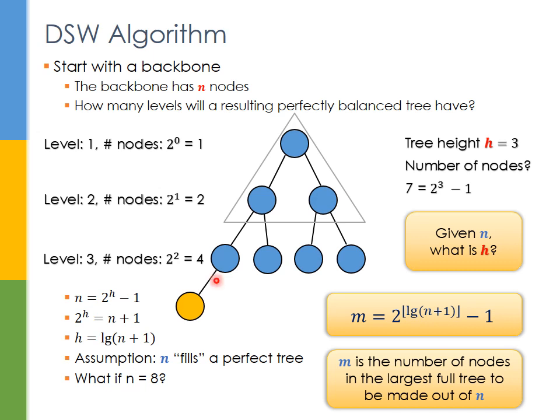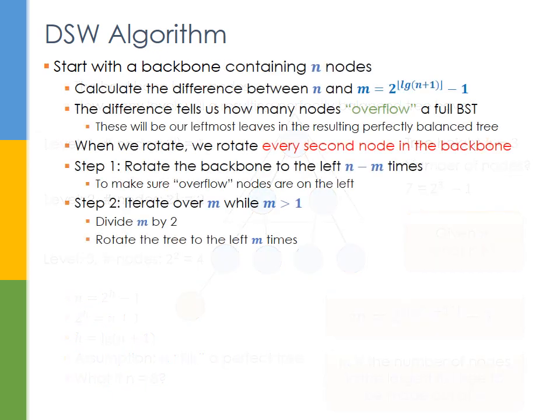So that is the height of the largest full tree that we can construct given n, and then we compute the number of nodes within that using this equation over here, and that will give us the number of nodes within the largest full tree.